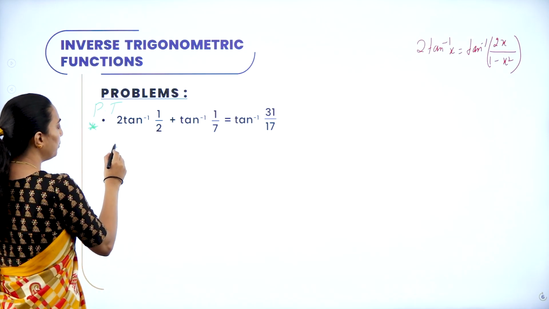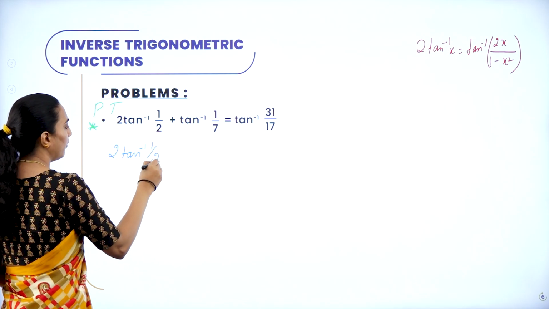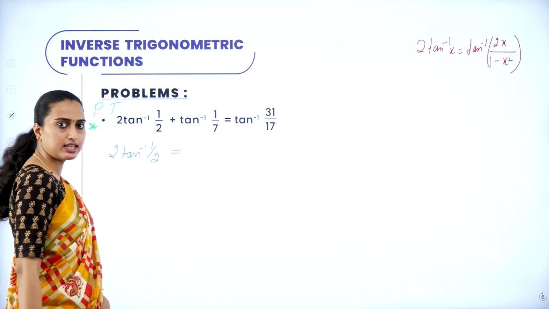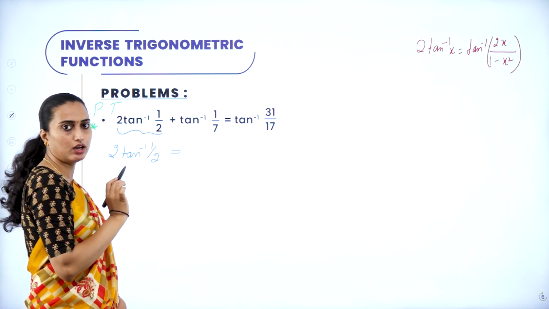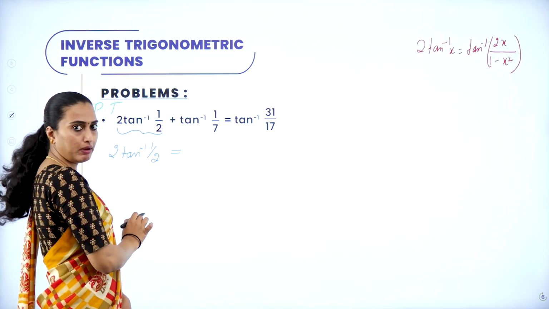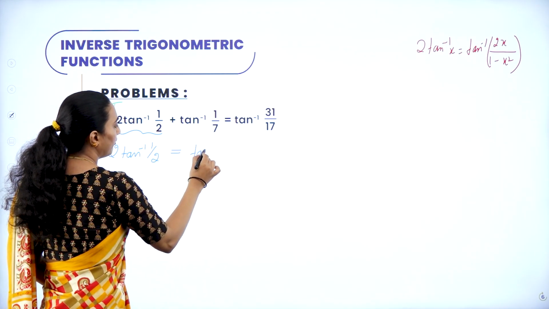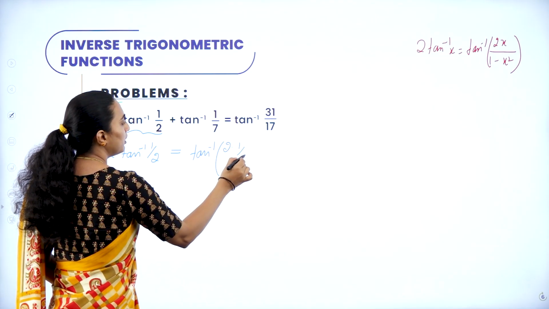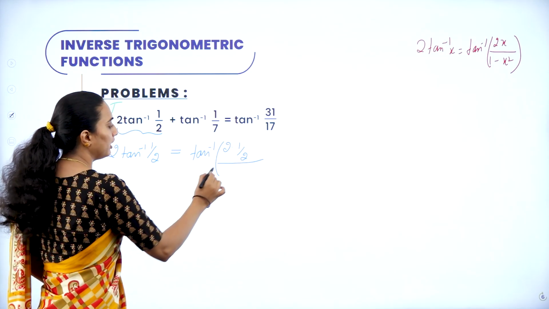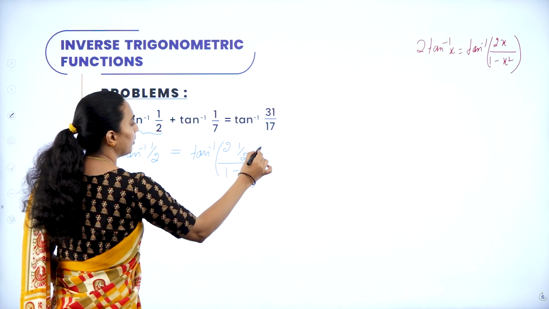So therefore here 2 tan inverse 1 by 2 can be written, just for this one I am writing, okay. Then I am going to combine. So 2 tan inverse 1 by 2 can be written as tan inverse of 2x, 2 into 1 by 2, divided by 1 minus x squared, 1 by 2 whole squared, okay.